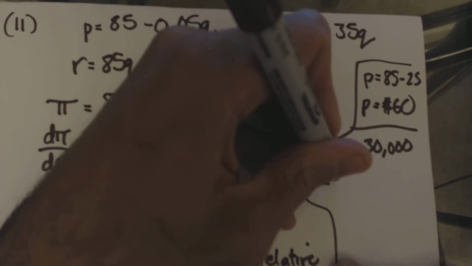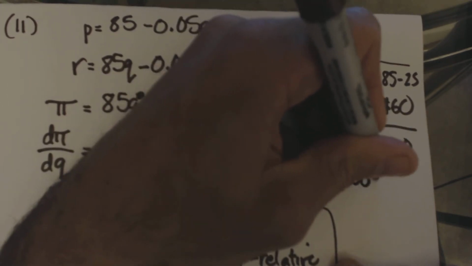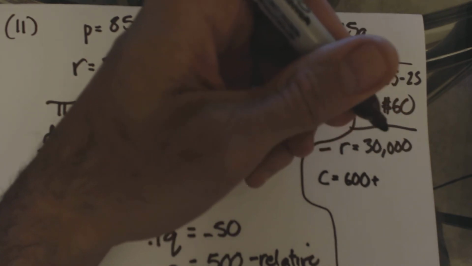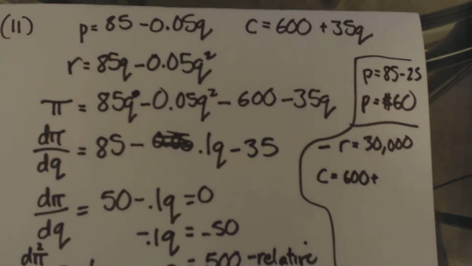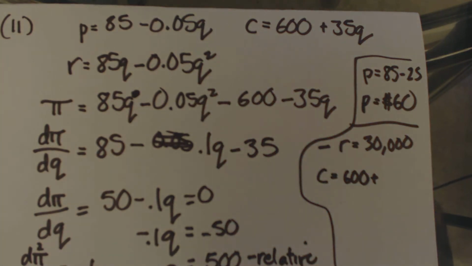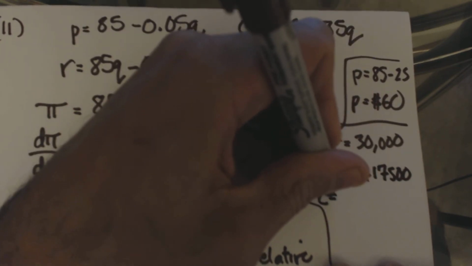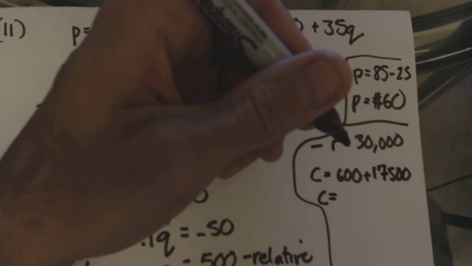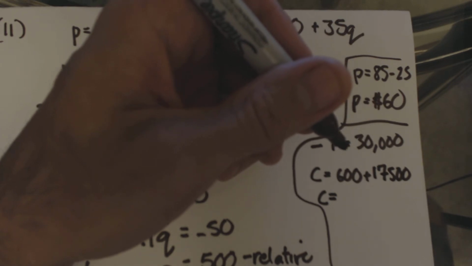So cost is going to equal 600 plus 35 times 500, which is 17,500. So cost equals 600 plus 17,500 equals 18,100.